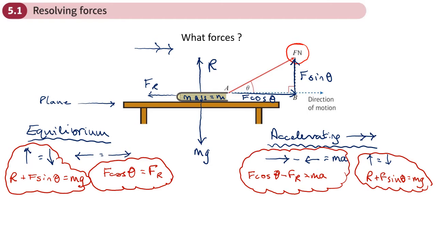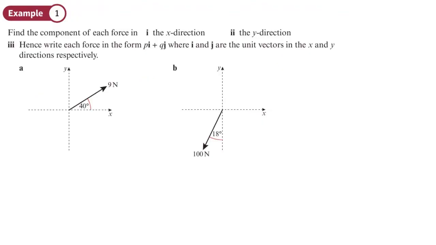So let's have a go at a couple of questions. What we've got here are some diagrams, and it says find the component of each force in the X direction and the Y direction. Now we've done this before, this sort of triangle here, or if we've got a force going like that, and we want to find out what these two bits are.